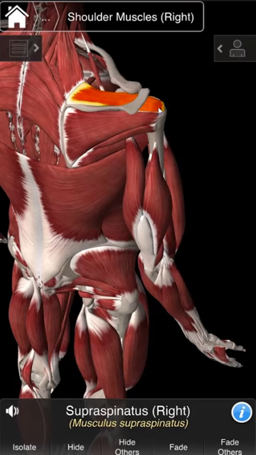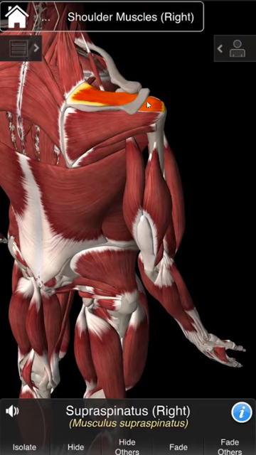So in terms of actions, supraspinatus, its primary action is going to be abduction, but it also plays a role in flexion as well. I mentioned on the last slideshow that supraspinatus is the most commonly injured of your rotator cuff muscles, again, primarily because of where it sits.